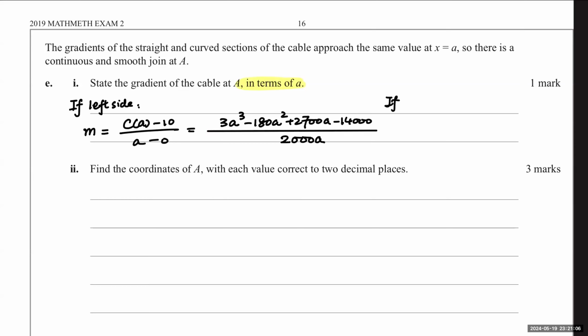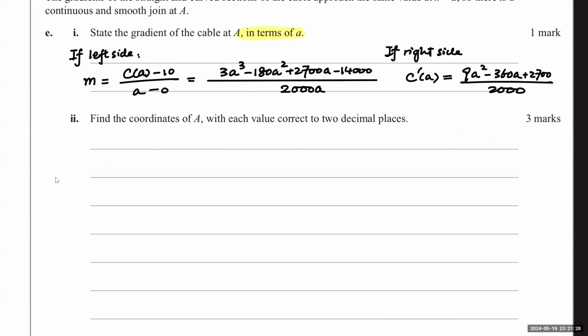If right side, you are taking C dash of A, that's equal to 9A squared minus 360A plus 2700 divided by 2000, okay? And find the coordinates of A with each value corrected to decimal places. Equal gradient.